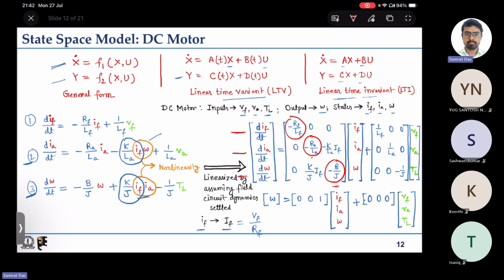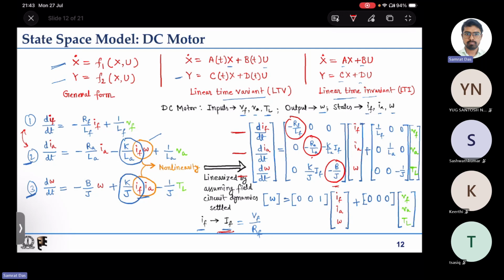And whichever circuits or subsystems do not have any coupling between the two, like the field winding, if it is assumed that the field circuit has reached steady state, that is small if equal to capital If, a DC quantity, then there is no coupling between equations 1 and 2.